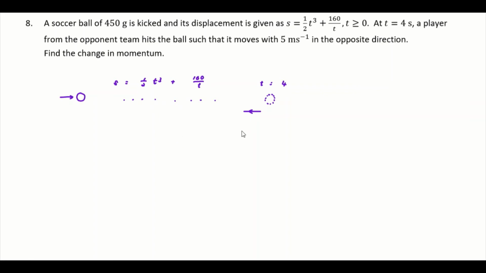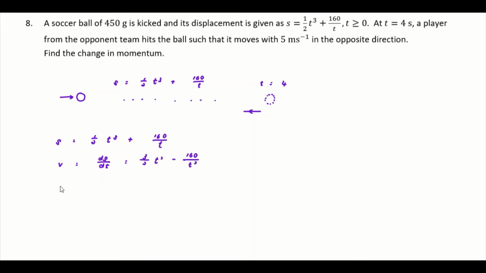So that's the part where the momentum changes. Okay, so we will need to find the initial velocity first. So how are we going to get that is from the equation here. So s is equal to 1 over 2 t cubed plus 160 over t. So from here we know that v is equal to ds/dt, right? So I can solve it, then I get 3 over 2 t squared minus 160 over t squared.